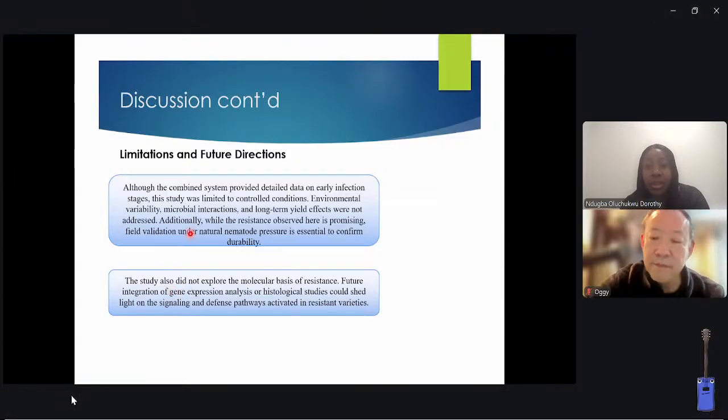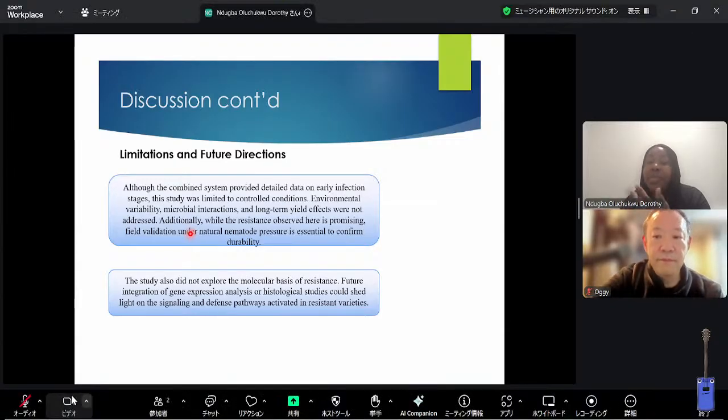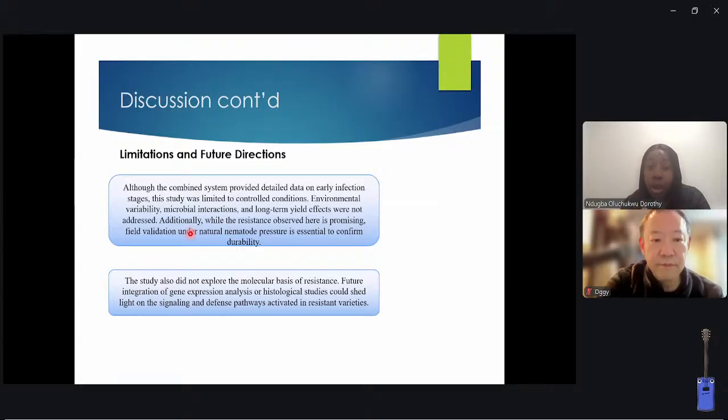Though the resistance we observed is promising, field validation under natural nematode pressure is essential to confirm the durability of SRI 45 and SRI 32.